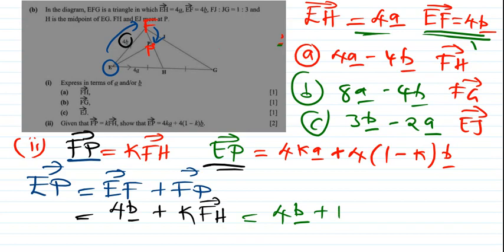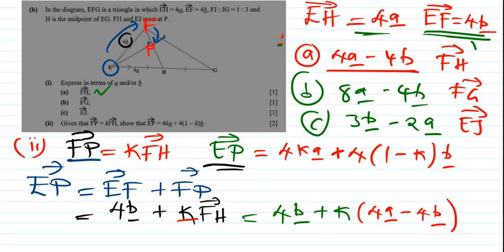Now what is FH? Did we find FH at any point? Yes, of course we did. So we have to multiply the constant K multiplied by the vector FH, which was 4A minus 4B.